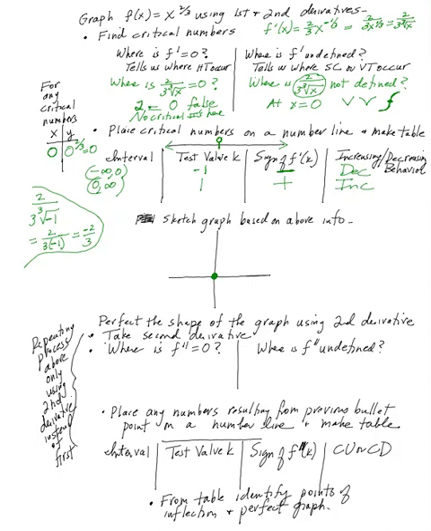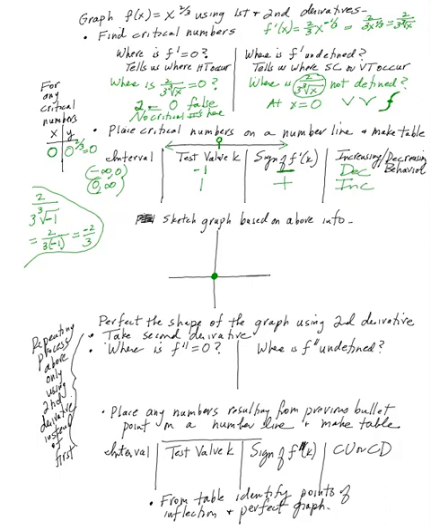Now I like to sketch a graph based on this first derivative information, putting these pieces of the puzzle together. And then I'll see if I can perfect the shape of the graph by using the second derivative information. So what does the graph need to do?